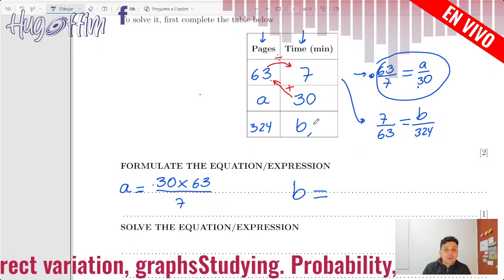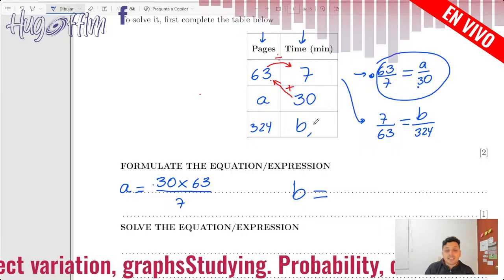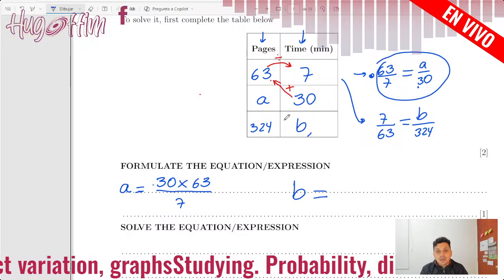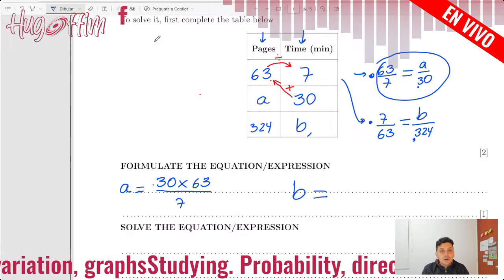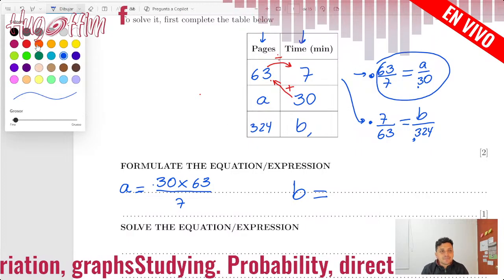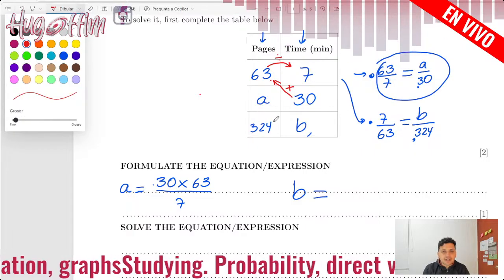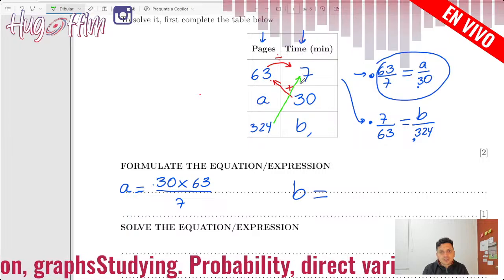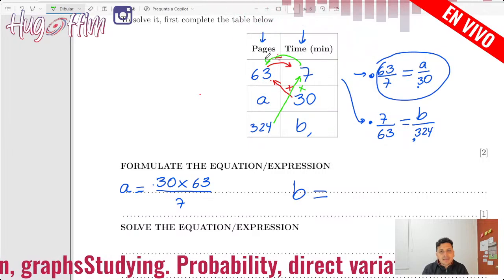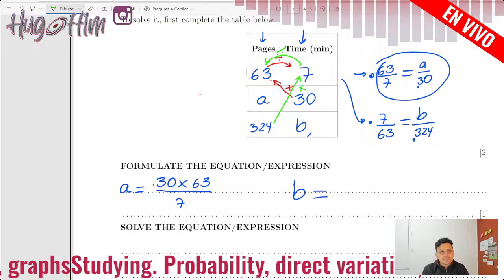So if you use equivalent ratios, you can also formulate the solution of direct variation problems. In this case, if I multiply by 324, it is going to be here. Or if you apply directly the idea of direct variation, I'm going to use green here: 324 times 7 divided by 63.